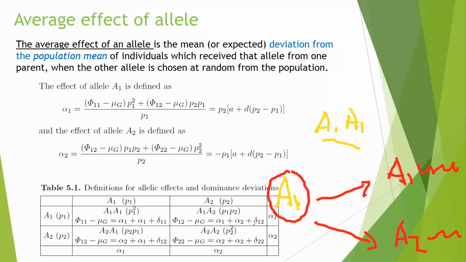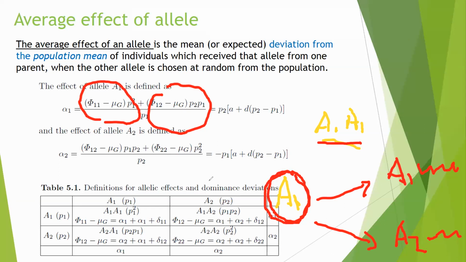There are 2 possible outcomes, that's why you see the 2 terms here. And what's the probability to form this A1A1, given you already have an A1 from the parent to be evaluated? You just need to choose A1 from the population. That probability equals P1. Does that make sense?